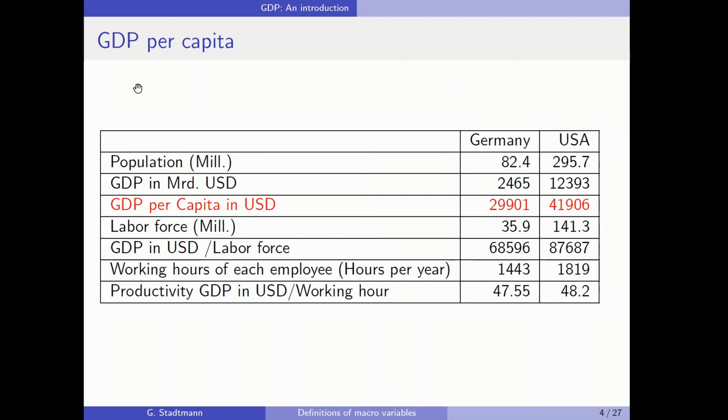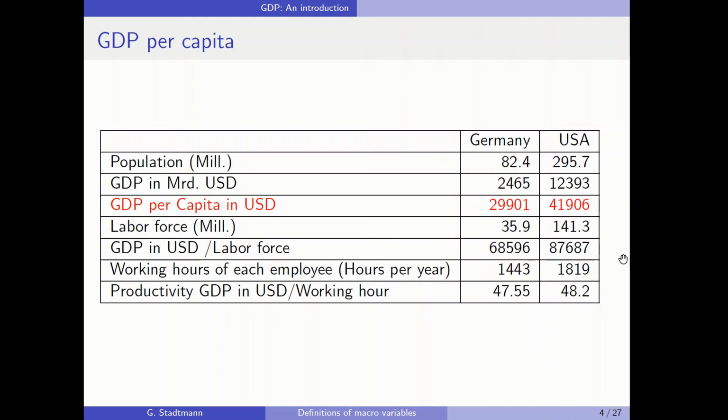In this table, you can see that the GDP per capita in Germany is lower than the GDP per capita in the US. In Germany, it is about $30,000 US, and in the US, it's about $42,000 US. One big question is, why is it the case that the GDP is higher in the US? And of course, in the first step, one could think about productivity.